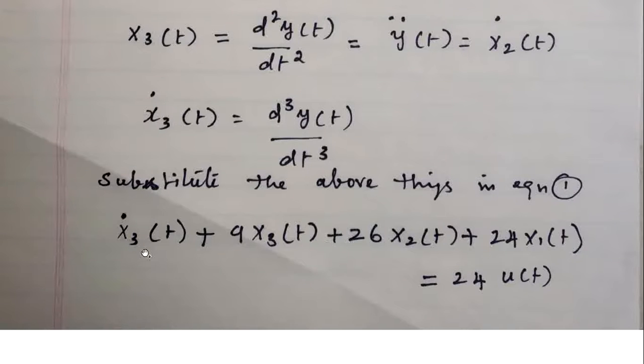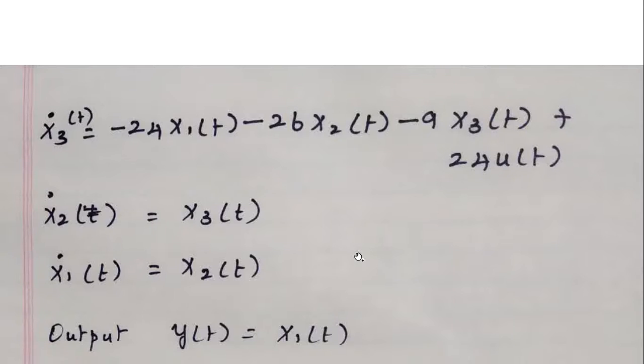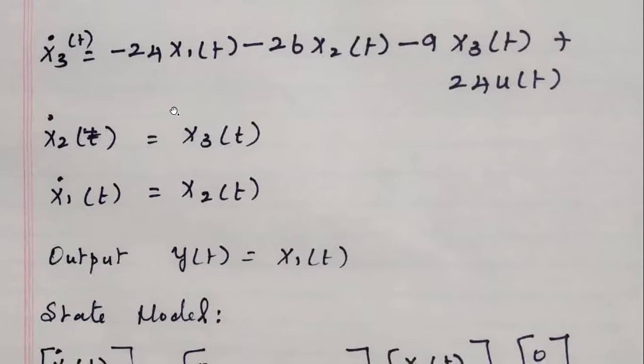When we substitute, we obtain x3 dot of t plus 9 x3 of t plus 26 x2 of t plus 24 x1 of t, which is equivalent to 24 u(t). Only x3 dot of t is replaced by a derivative term; all other terms are replaced by normal state variables. Now, keep only x3 dot of t on the left hand side and bring all other terms to the right hand side. That is what is written over here.